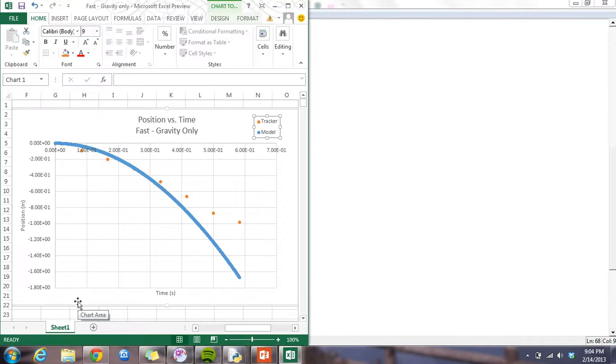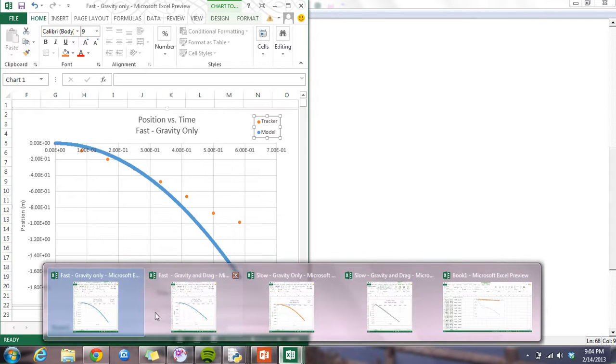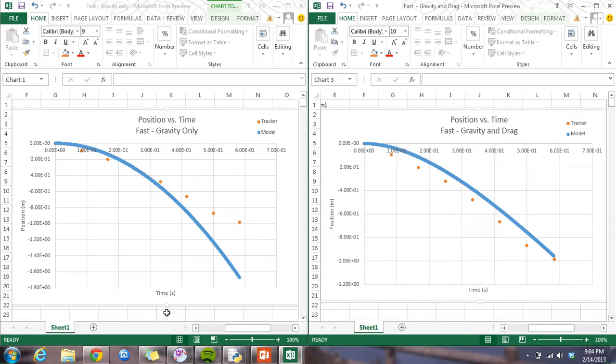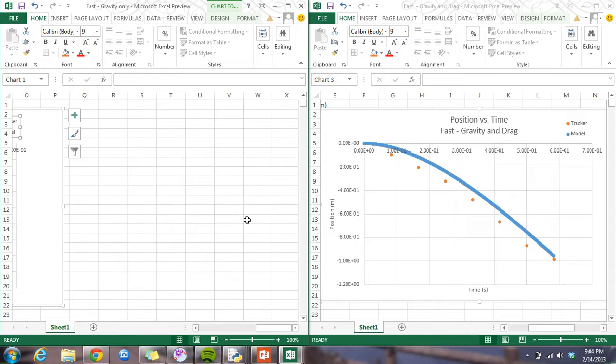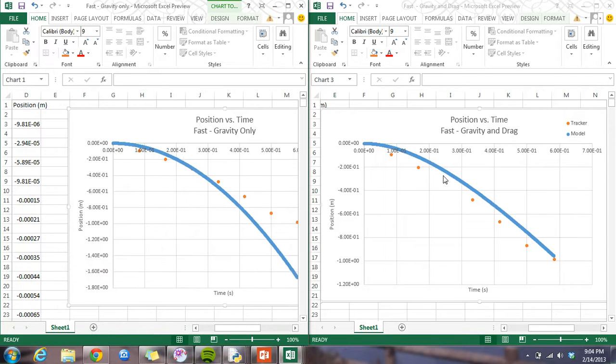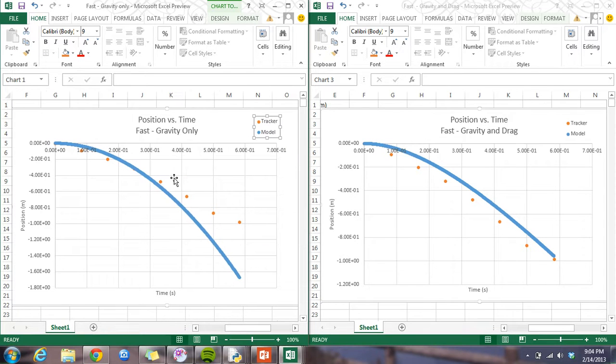We now see that our Python model isn't a good representation of the data we got from tracker. And if we compare these two, it's clear to see that this model right here is a much better representation than this model.